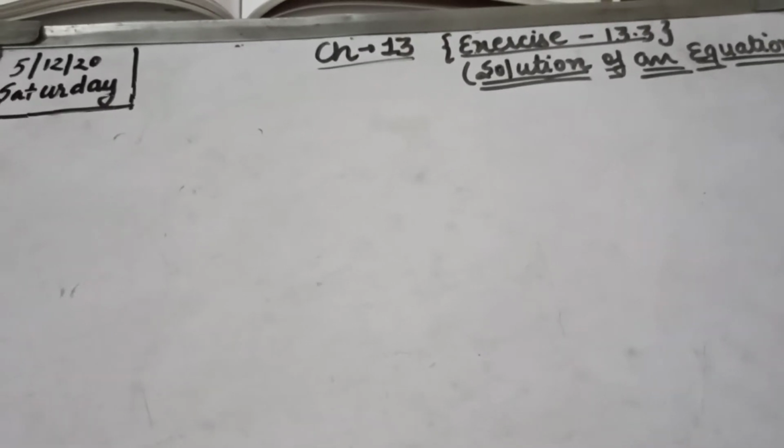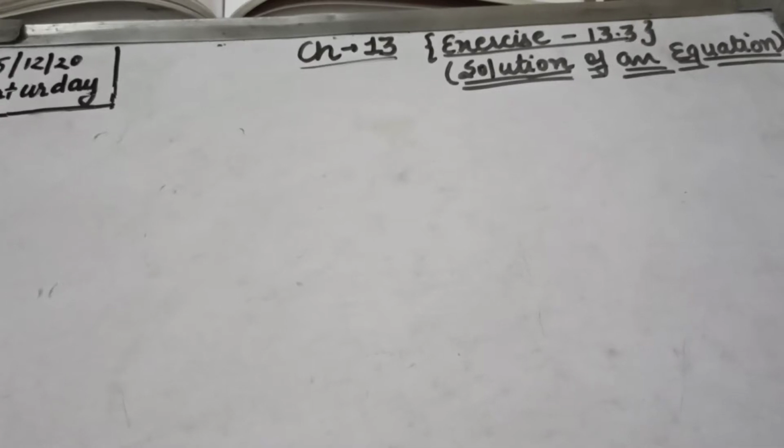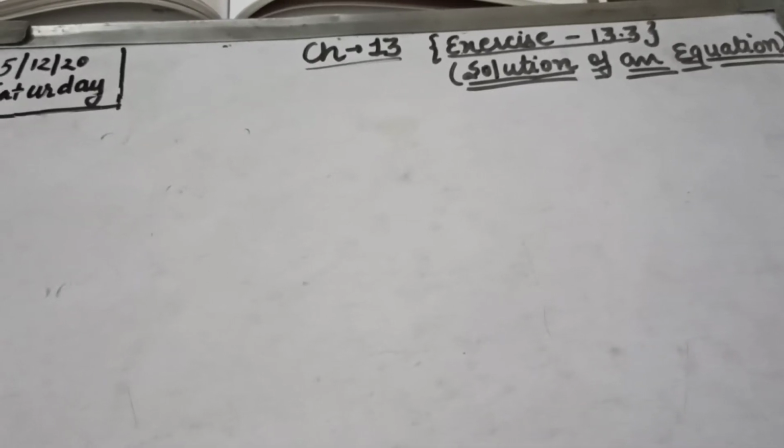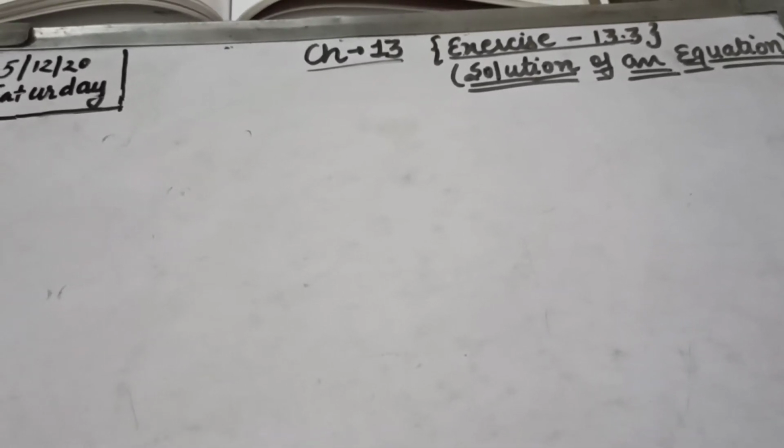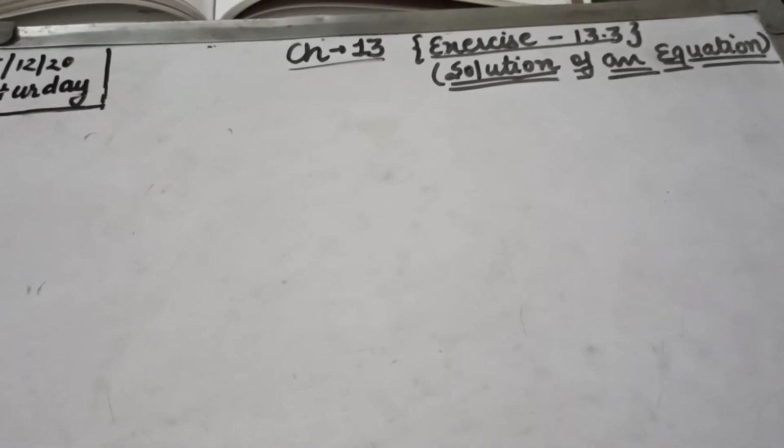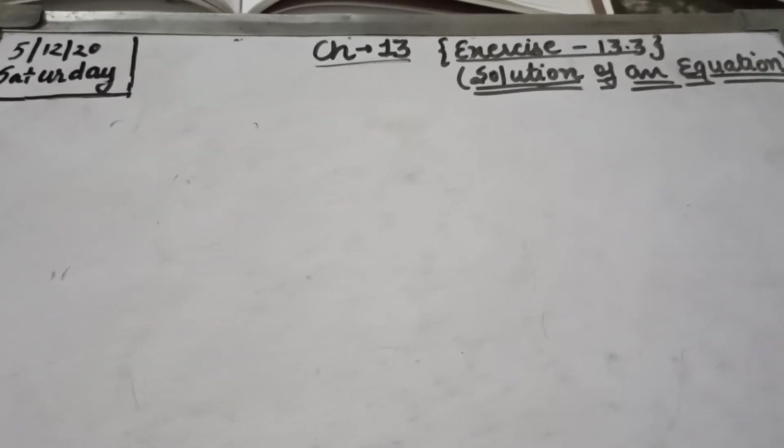equations, how to represent them, how to write them, how to check whether the given equation is a one variable equation or not. Means one variable means you can say the linear equation or not.